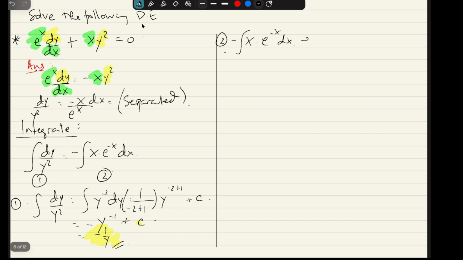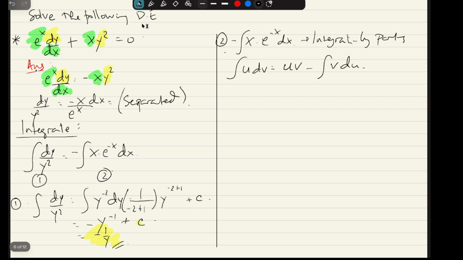Don't forget the negative sign. We will need to do integration by parts. I don't know if you remember: the integral of u dv equals uv minus the integral of v du.